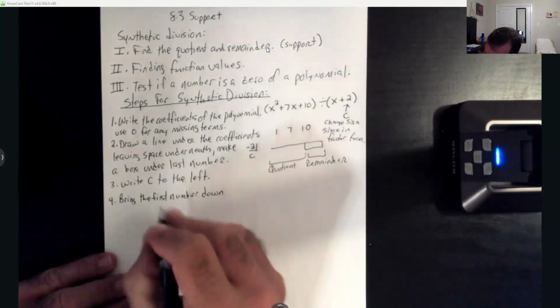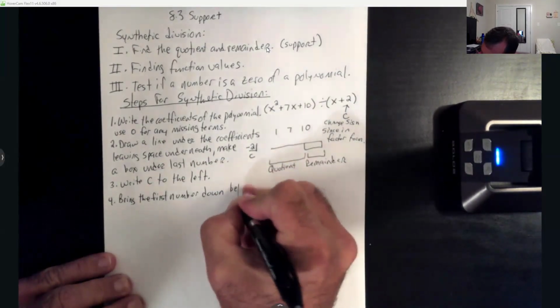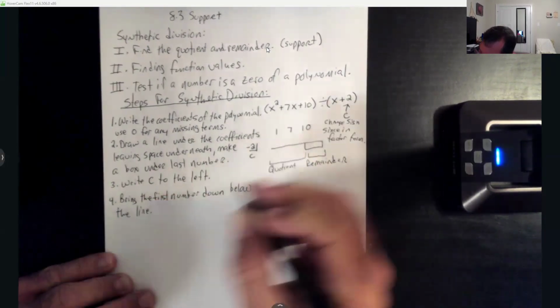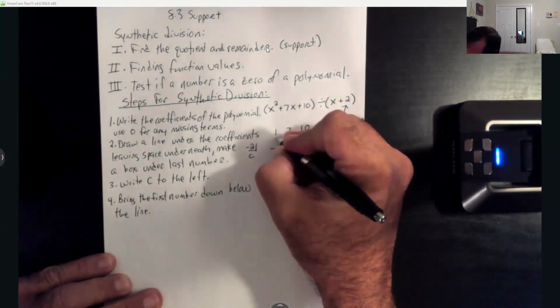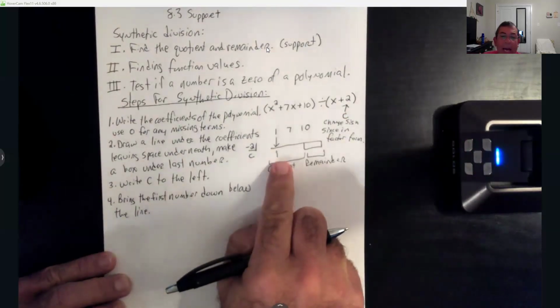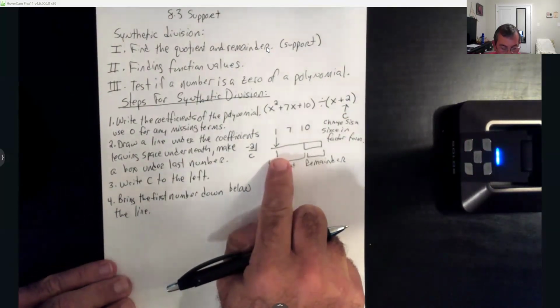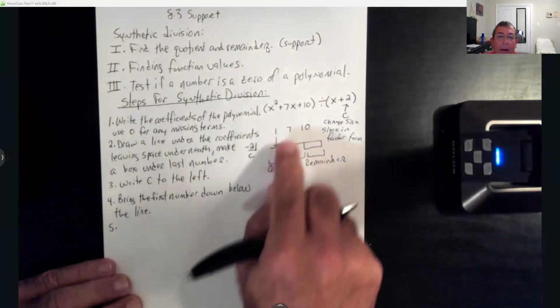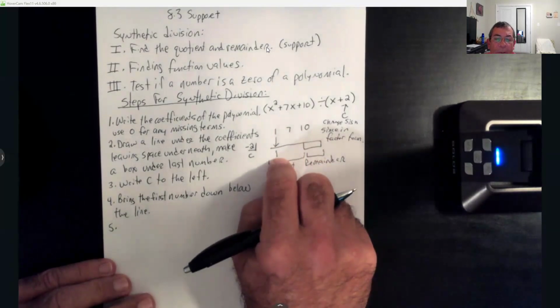Bring the first number down below the line. So the first number is the 1. You're going to bring that 1 straight down and put it below the line here. All right. So the first number always comes down.